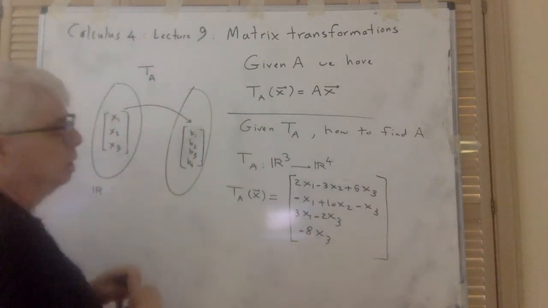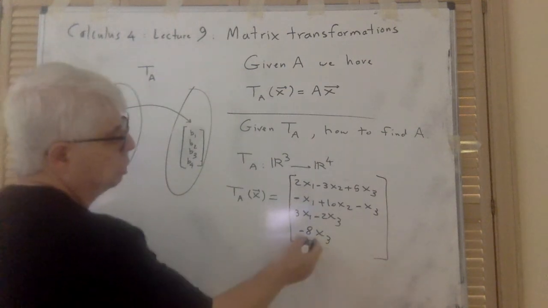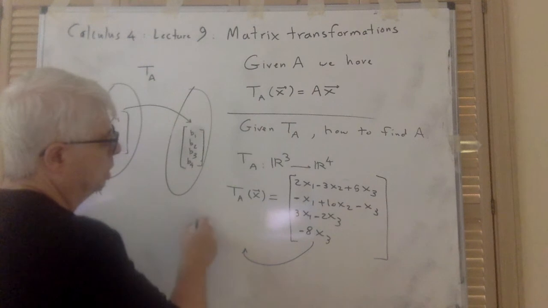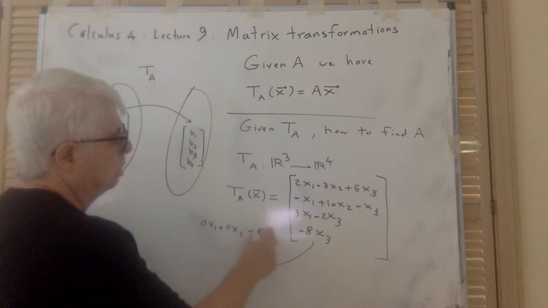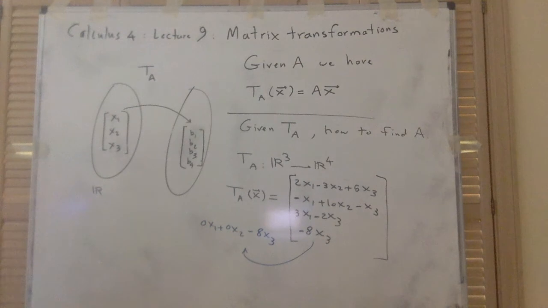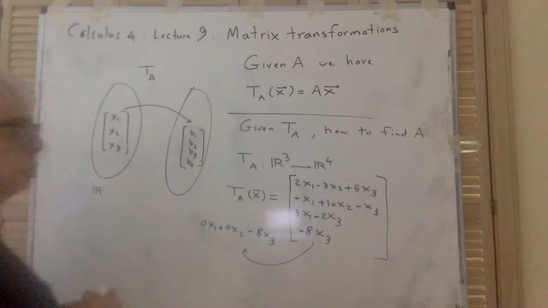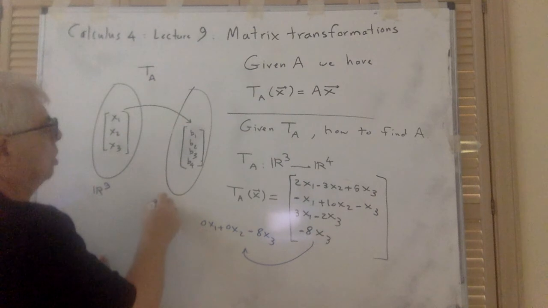Well, this one, 8x3, in fact means 0x1 plus 0x2 minus 8x3, okay? So if you don't see some of the variables that come from the domain, it doesn't mean they're gone. They are there, but with coefficient 0.